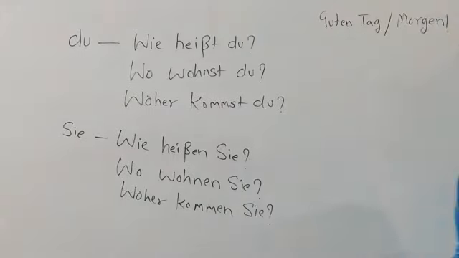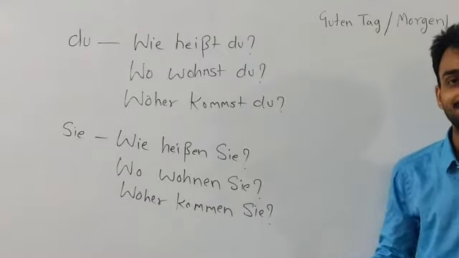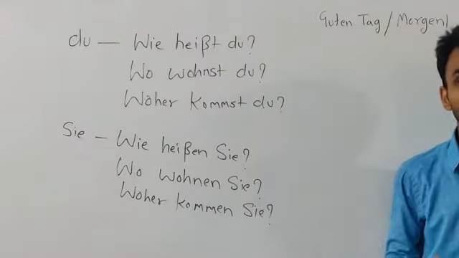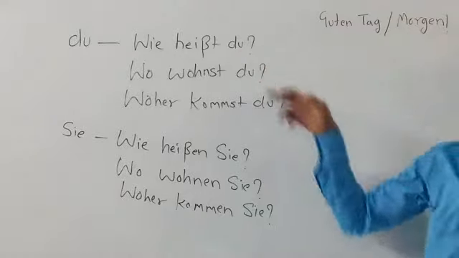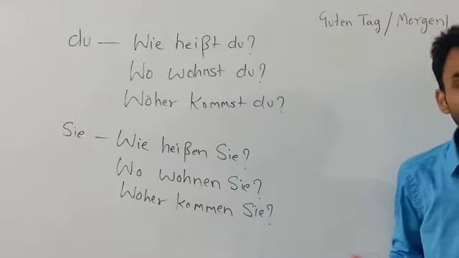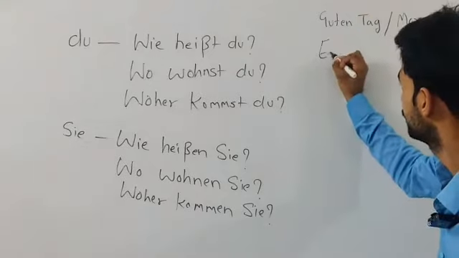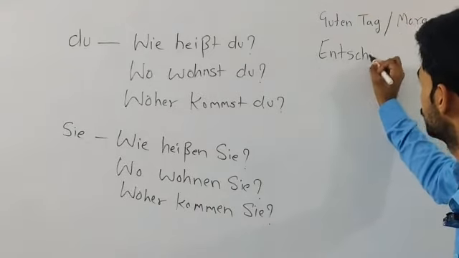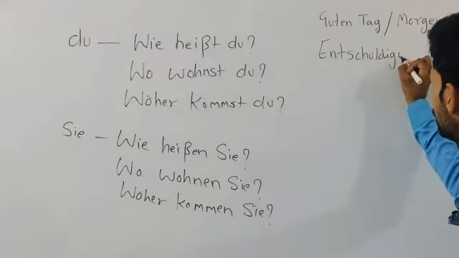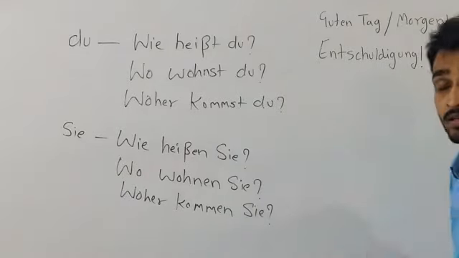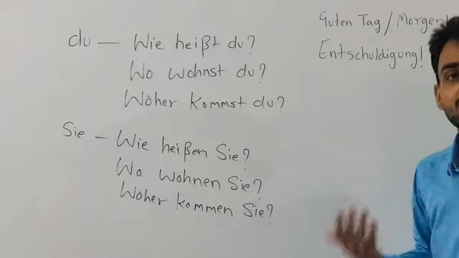First you will greet like this. And then you will ask, Wie heißt du? How are you called? Or you can say Entschuldigung, wie heißen Sie? Entschuldigung means excuse me. Or you can say Entschuldigen Sie. Excuse me, and then you can start the conversation.